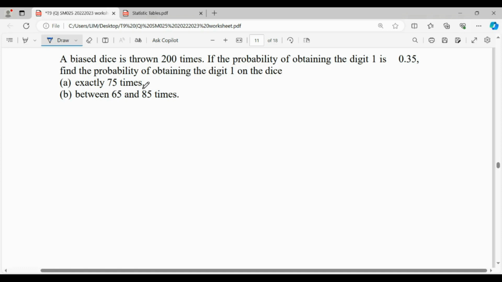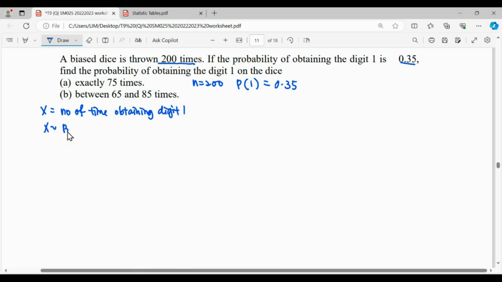So from here we have the dice is thrown 200 times, so this is our N. And then the probability to get digit 1 is 0.35. So this is binomial distribution. We denote X as the number of times we obtain digit 1. So X is distributed binomial 200, 0.35.